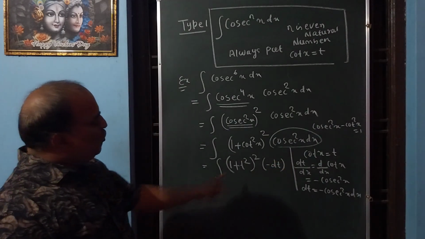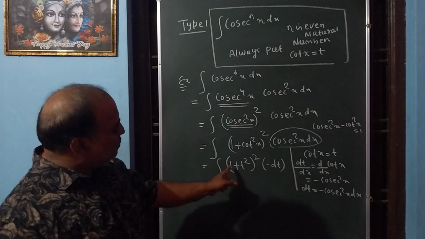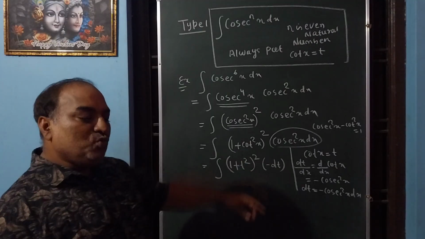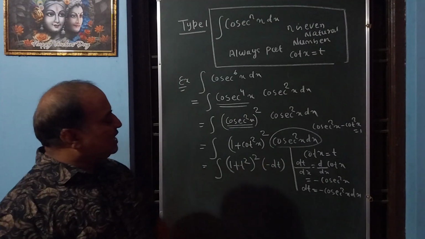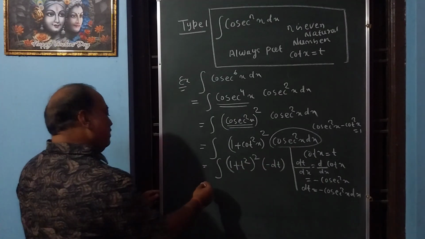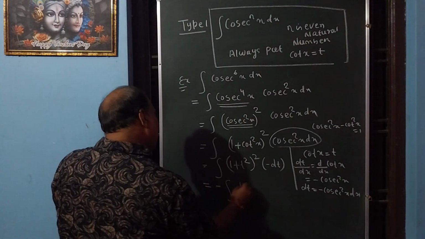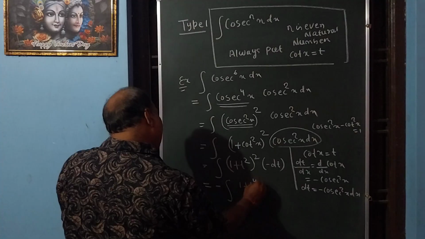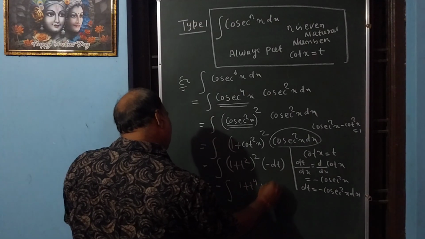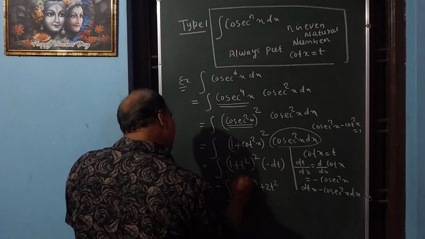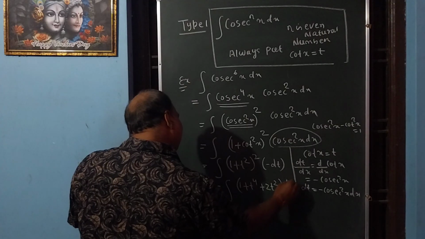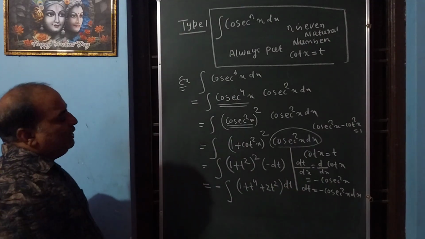Now we use (a plus b) whole square, a square plus b square plus 2ab. The minus is a constant that will come outside of the integration. So it becomes minus integration of (1 plus t to the power 4 plus 2t square) dt.